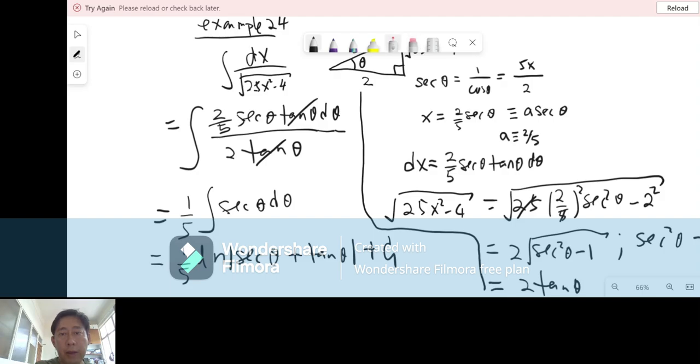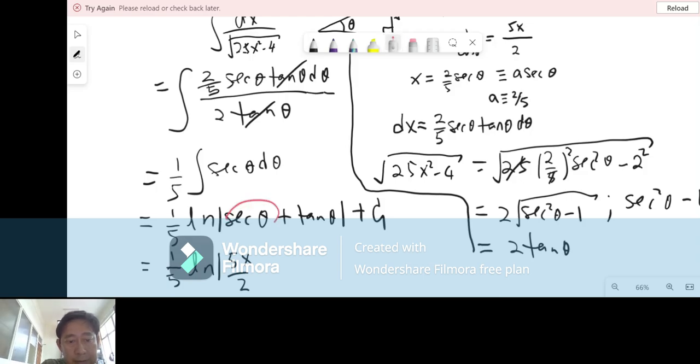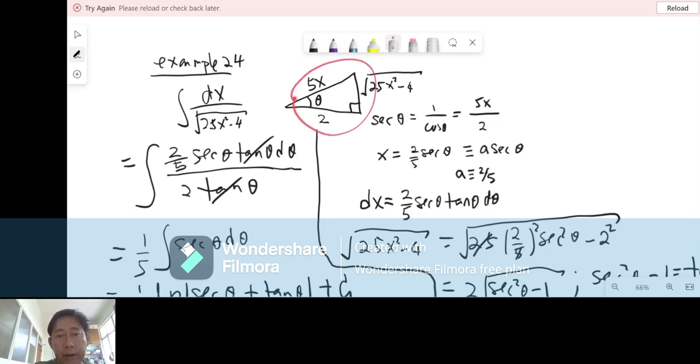Now we have to translate the secant theta and tangent theta back to expressions in x. Secant theta in terms of x is simply 5x over 2, so we replace secant theta by 5x over 2. The tangent theta term can be obtained by referring to this triangle.